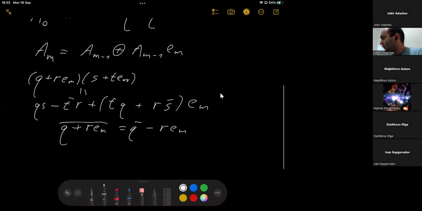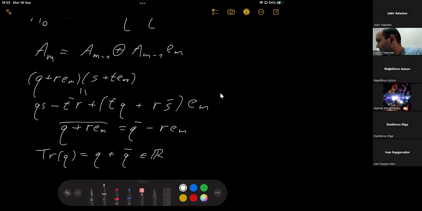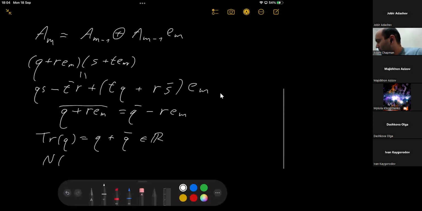And in addition to the involution, you have now the trace form, which maps every element to itself plus its conjugate, and that's always a real number. And the norm form that maps the element to the element times its conjugate, and that's again a real number.